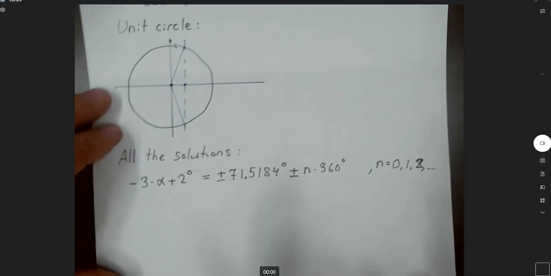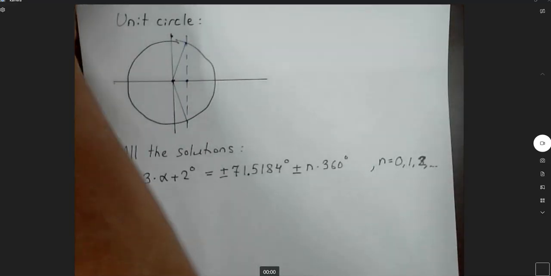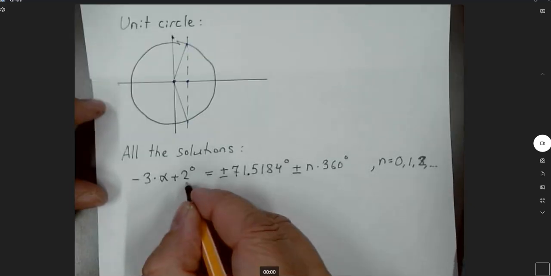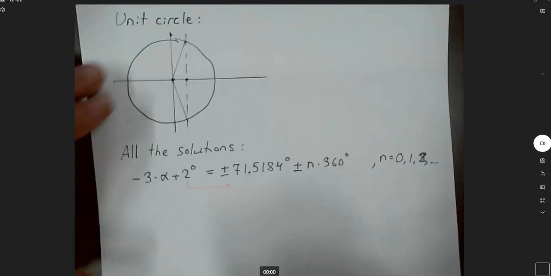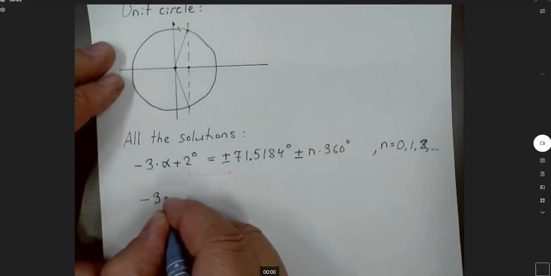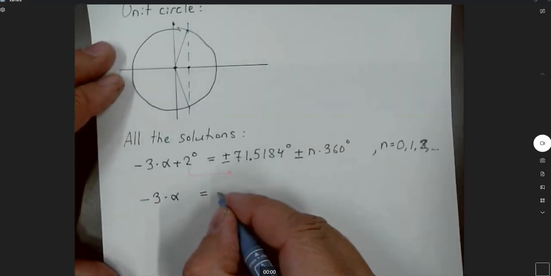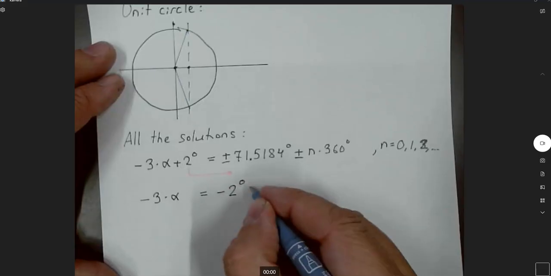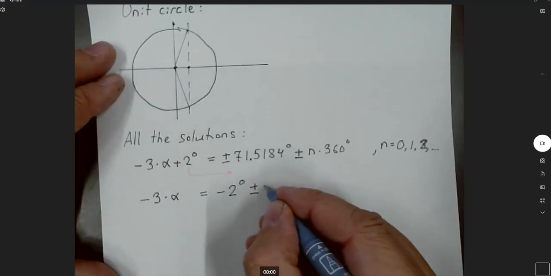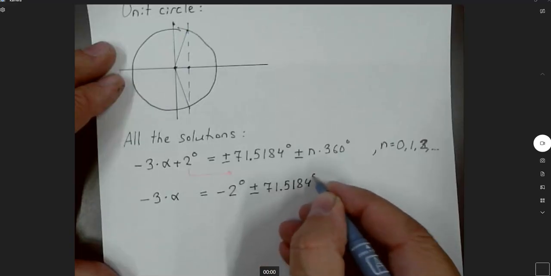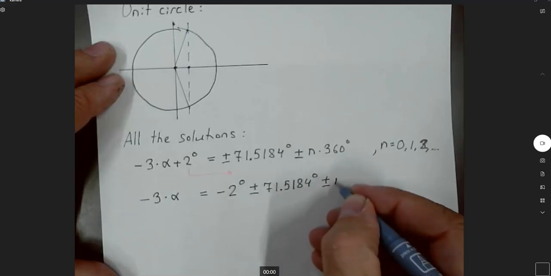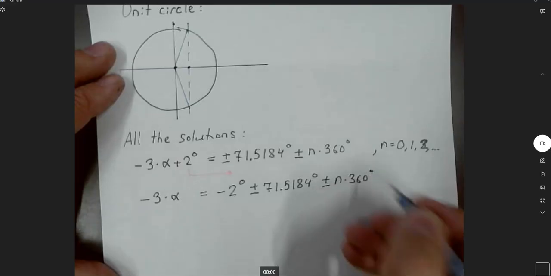So after this we will have the solution of the problem when we solve this equation here. We will first move this 2 degrees to the right hand side, so we will get minus 3 times alpha equals minus 2 degrees plus minus 71.5184 degrees plus minus n times 360 degrees.